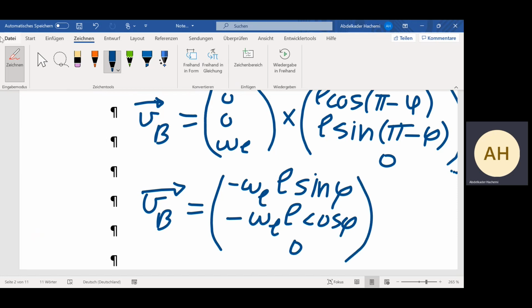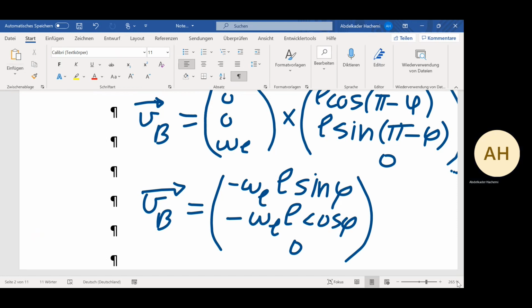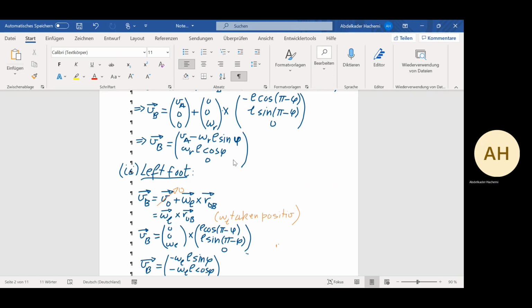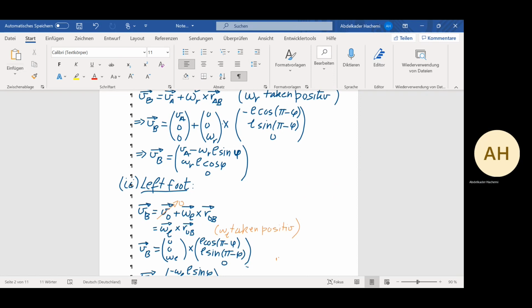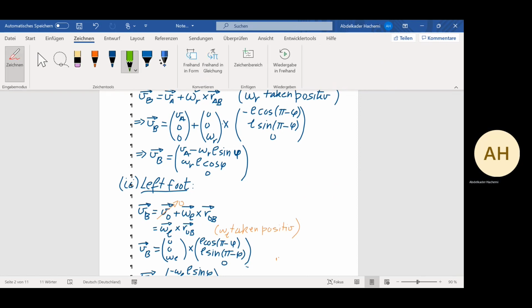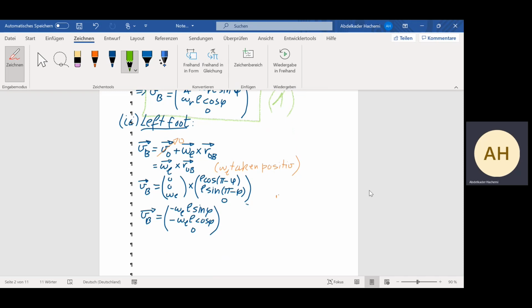Then we have this equation here, I call it 1, and we have the second equation 2.